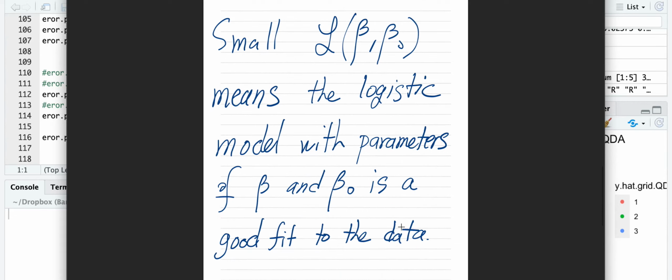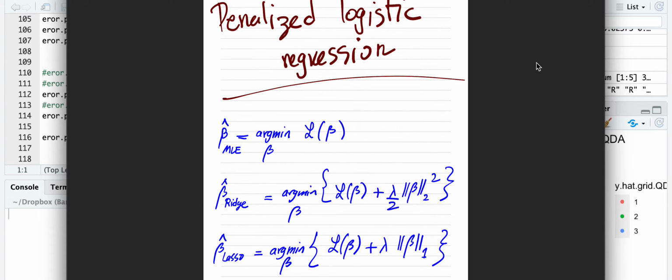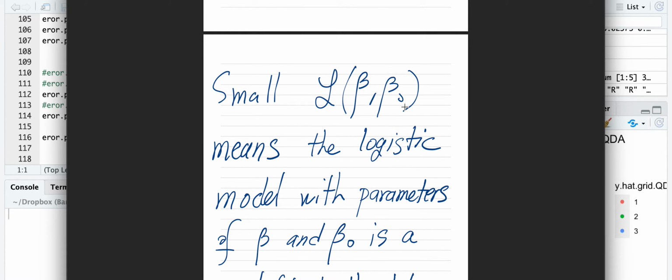Now, a small negative log likelihood of beta and beta 0 means the logistic model with parameters beta and beta 0 is a good fit to the data. What I will do from now on is ignore the dependence on beta 0.